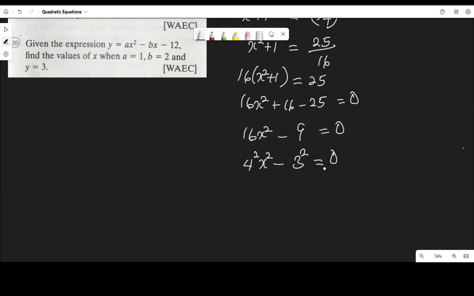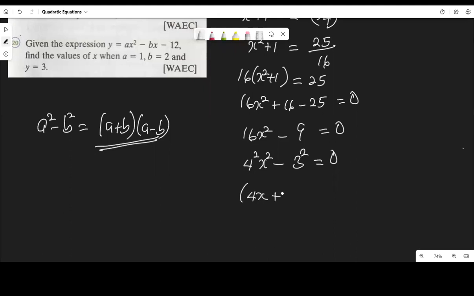I can apply difference of two squares here. Remember, if a squared minus b squared, we can write this as a plus b times a minus b, which we call difference of two squares. I can apply it here so that I will have 4s plus 3 and 4s minus 3 equal to 0.